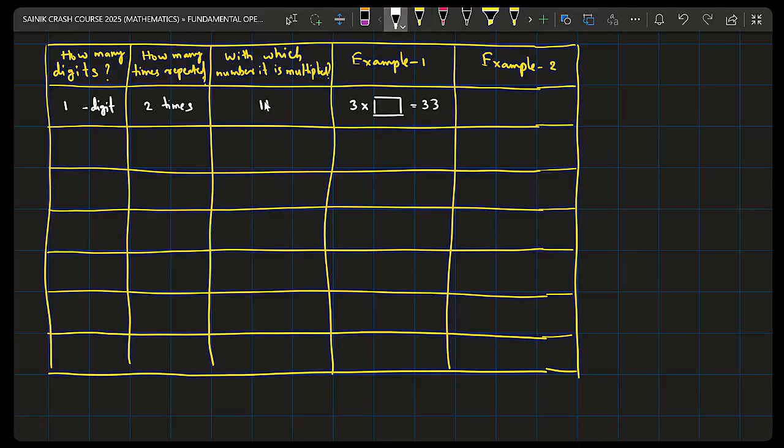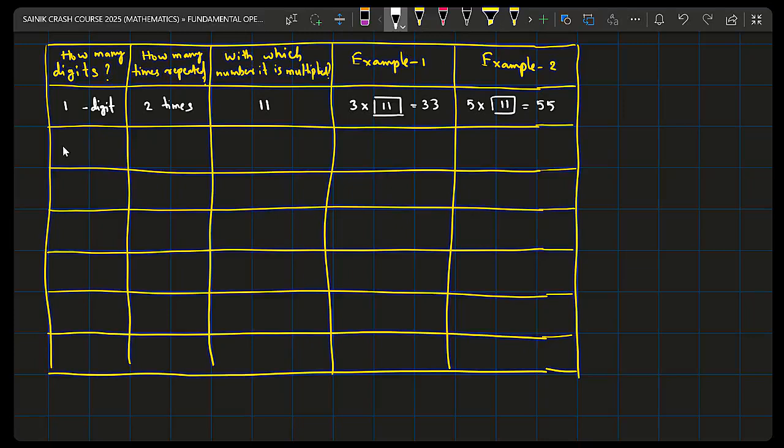That means if you want to repeat a one-digit number two times, then you have to multiply by 11. You get it repeated two times. For example, you take 5 and you want to repeat it two times, like 5, 5. Just multiply by 11. And any digit is like this. You take any digit and multiply by 11, it will be repeated two times.